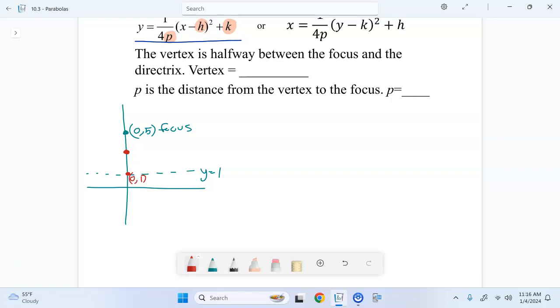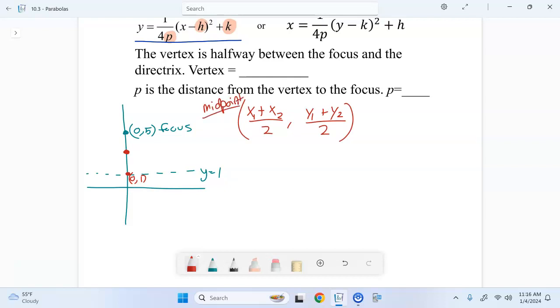Sometimes you can just, through inspection, figure out what that middle value is going to be. It might be a little bit more complicated, and so what we can always use is our midpoint formula. The midpoint formula is the sum of the x's divided by 2 and the sum of the y's divided by 2.